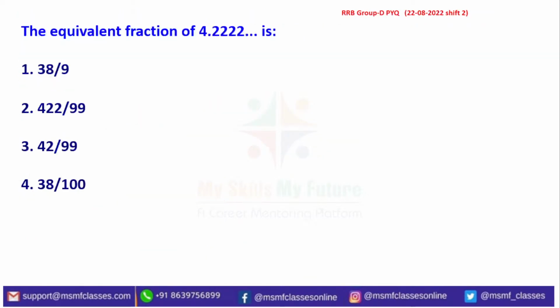Right. Next question. The equivalent fraction of 4.2222 and so on. At least one question is seen based on conversion of a recurring decimal into a simple fraction. We already discussed it, so I will give a simple technique.